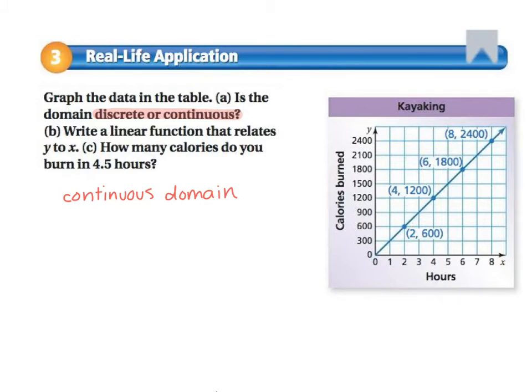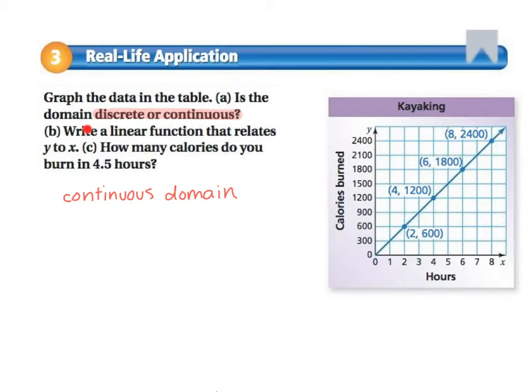Another way to think about it is that our x values represent the number of hours. It's possible to have 1 hour or 2 or 4, but it's also possible to have 1.5 hours or 2.25 hours. It's possible to represent time in smaller increments. So that's how we know that it's a continuous domain.